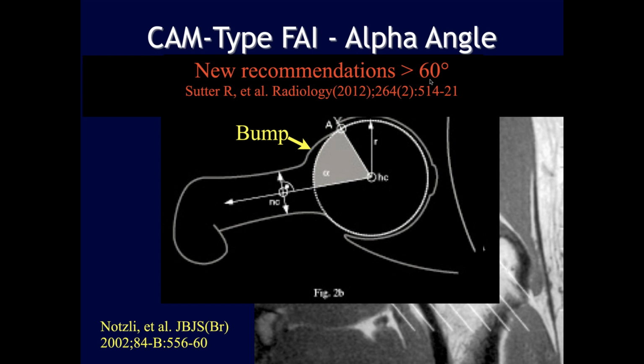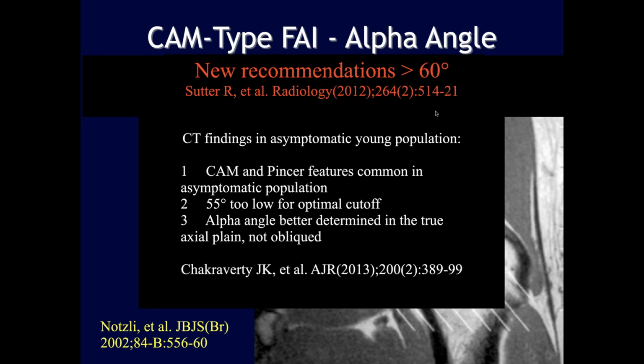Though this paper says 60 degrees, most people now use about 65 degrees, but some referring physicians prefer higher sensitivity and some prefer a higher specificity. So it's best just to give the angle and then leave the interpretation, unless you're asked to, up to the referring physician. Campbell's talks about 50 degrees.